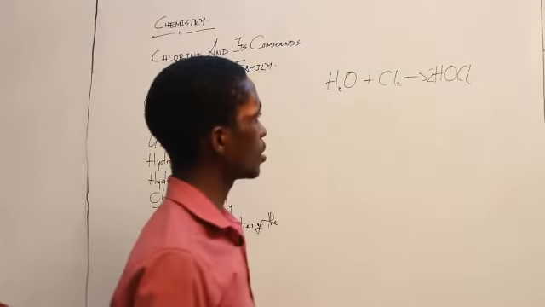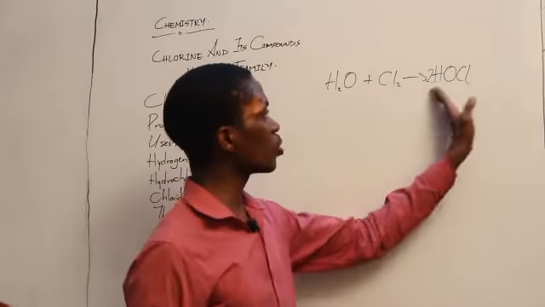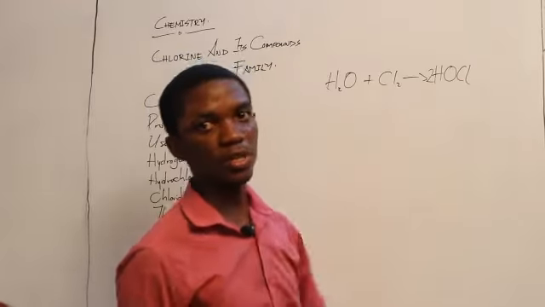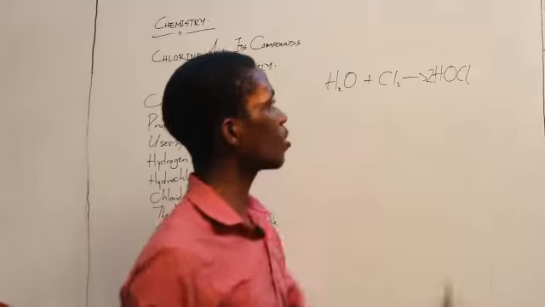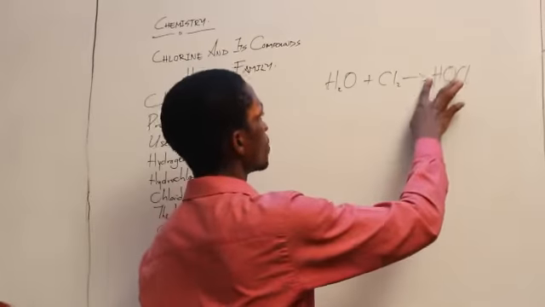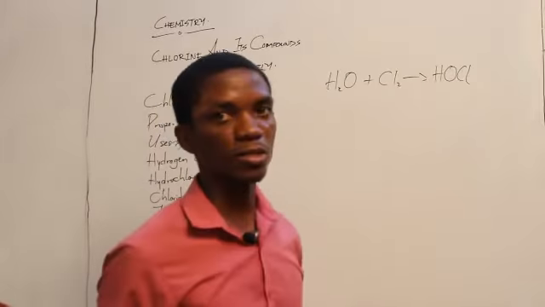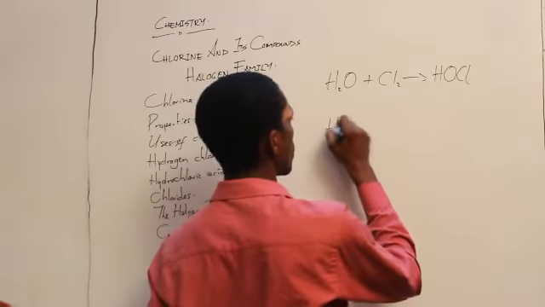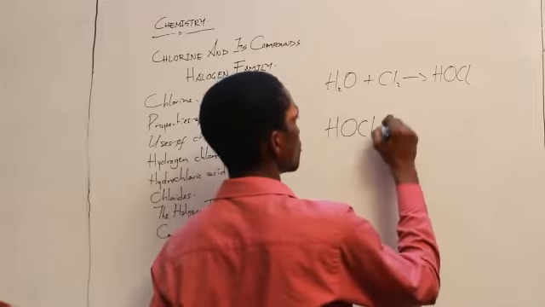Let's just note, it's an unbalanced equation. So you have HOCl. This particular compound is not stable in the presence of light. As it comes into the presence of light, it dissociates, and this compound can lead to two different things coming up.